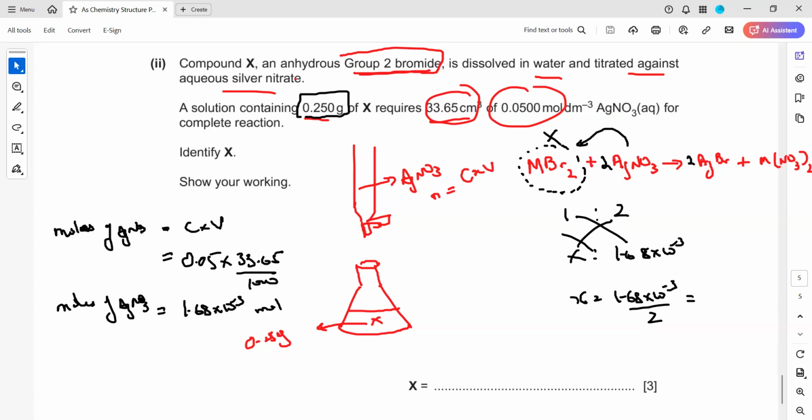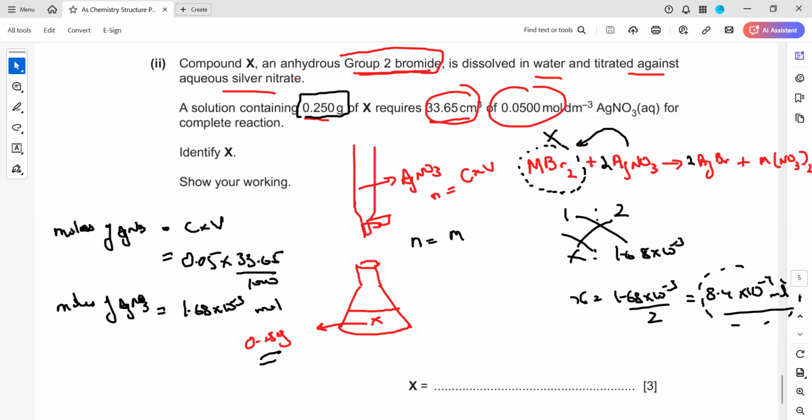1.68 × 10^-3 divided by 2 is 8.4 × 10^-4. So 8.4 × 10^-4 mole we'll get for the substance X. Now we have the moles, and we also have the mass in grams.